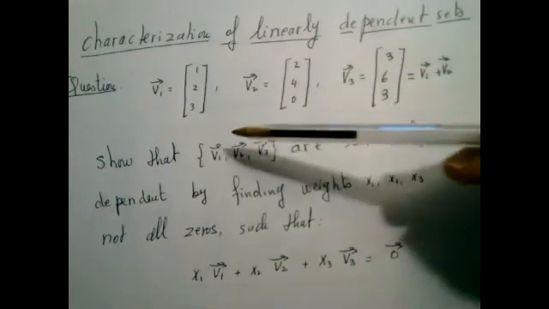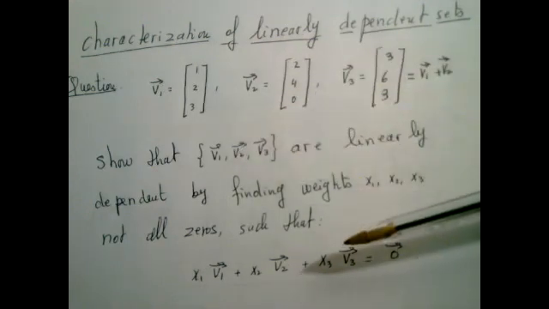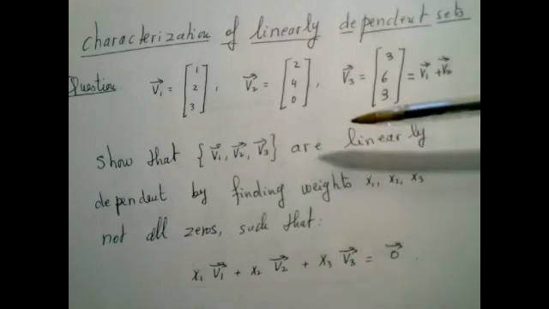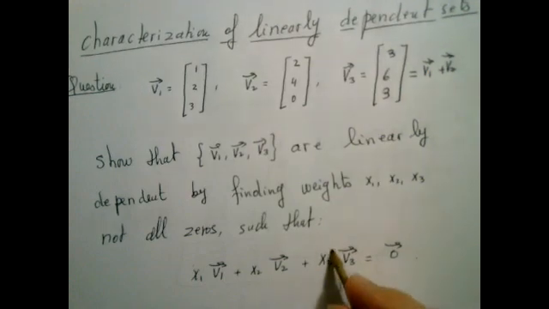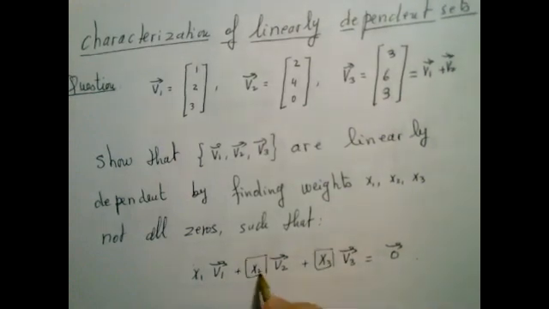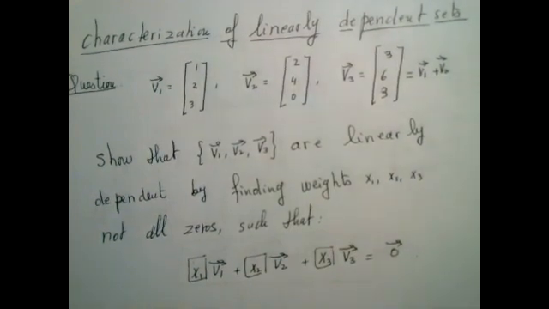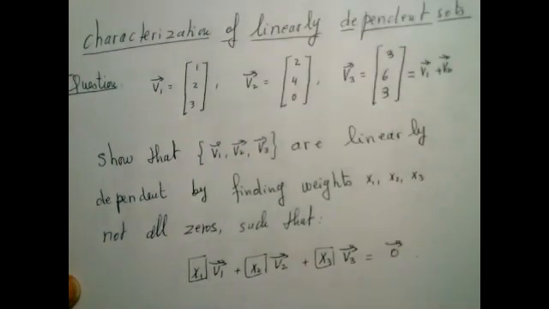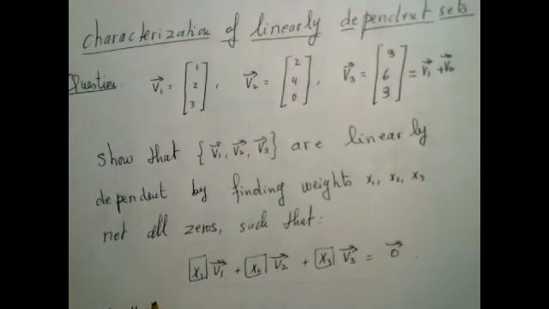And I'm telling you now, show me that they are linearly dependent in this particular scenario by making up weights that make this equation hold. Can we do that? So we have V3 to be V1 plus V2.